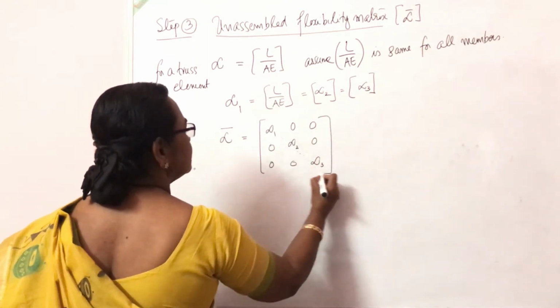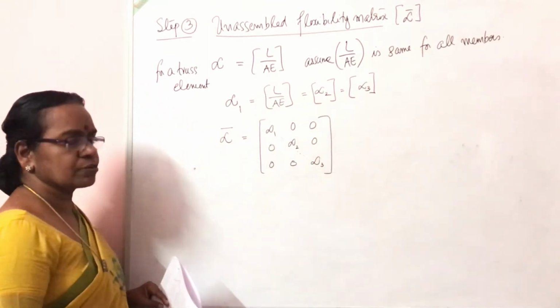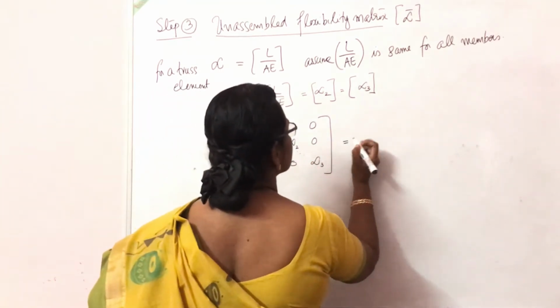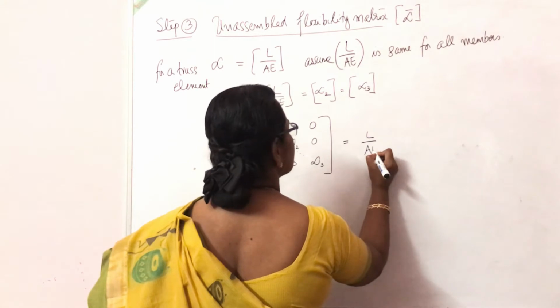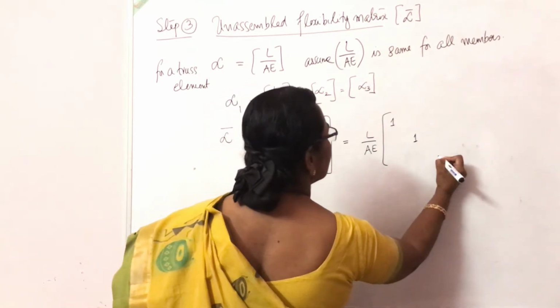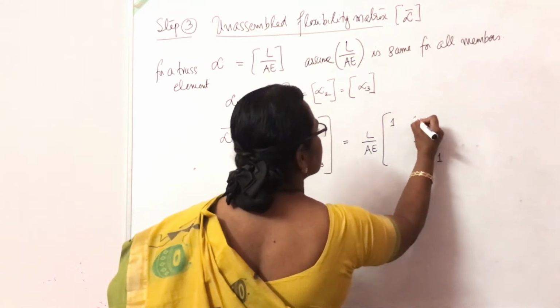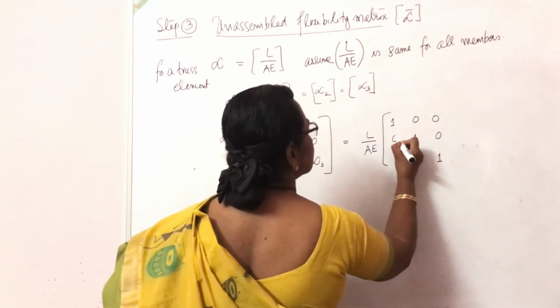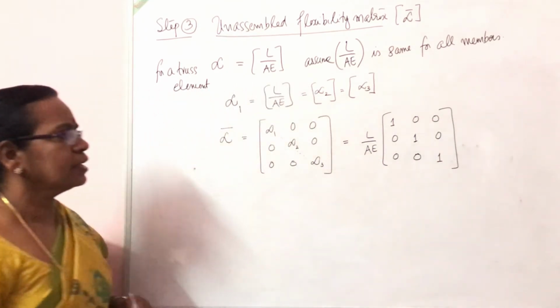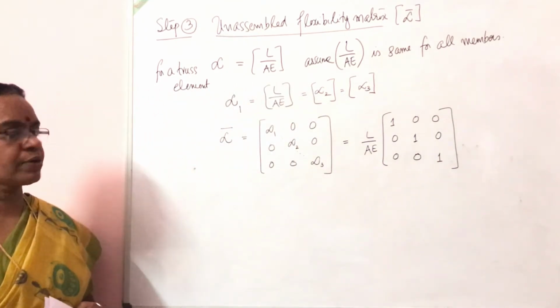So the diagonal arrangement of element flexibility matrices is called the unassembled flexibility matrix. In this case, I'm assuming L by AE, taking it outside, 1, 1, 1, and the others are 0, 0, 0, 0. This is the unassembled flexibility matrix.